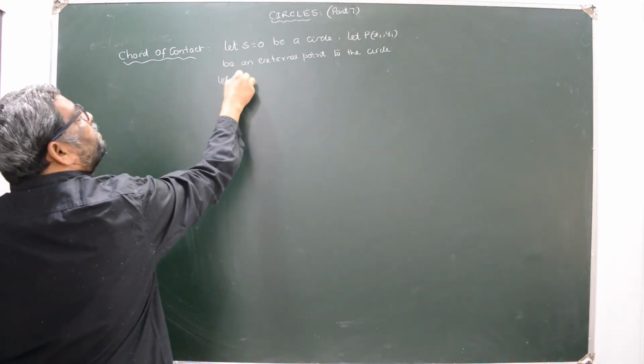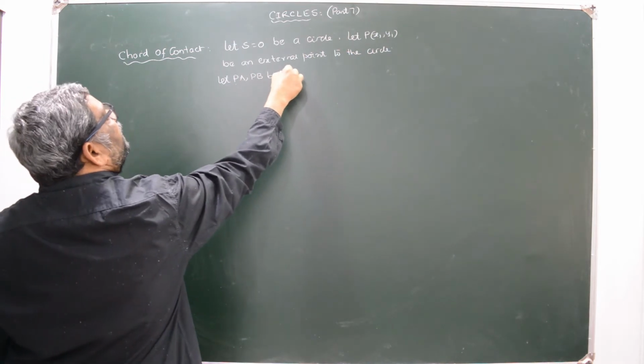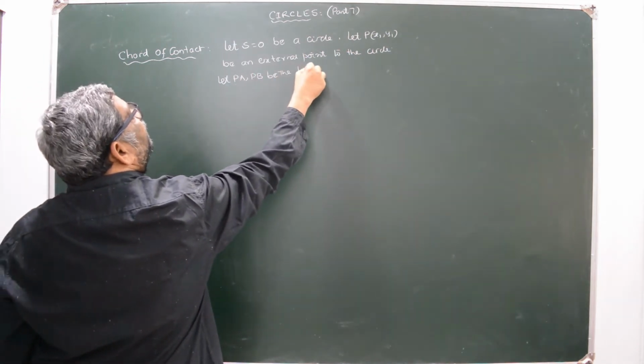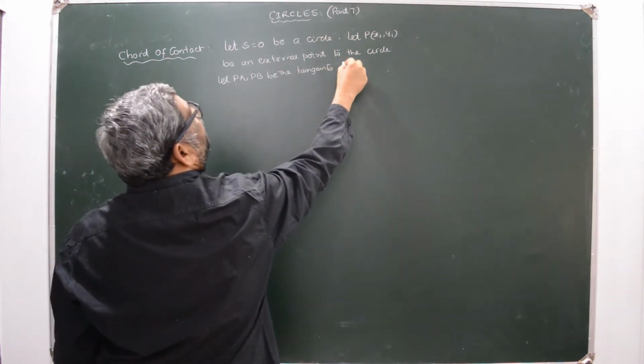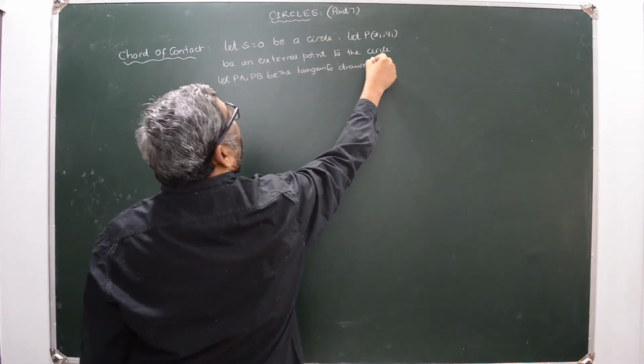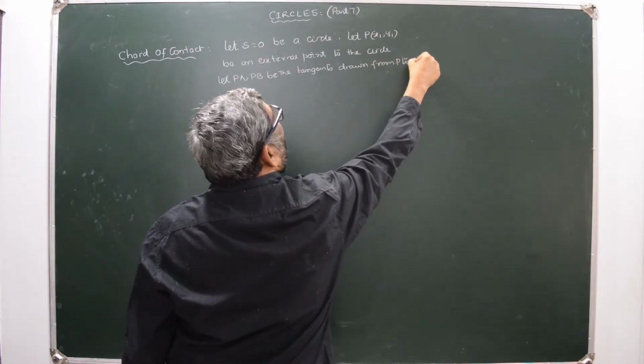Let PA, PB be the tangents drawn from P to the circle.